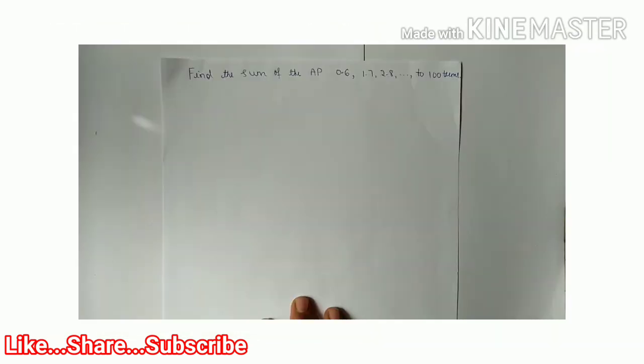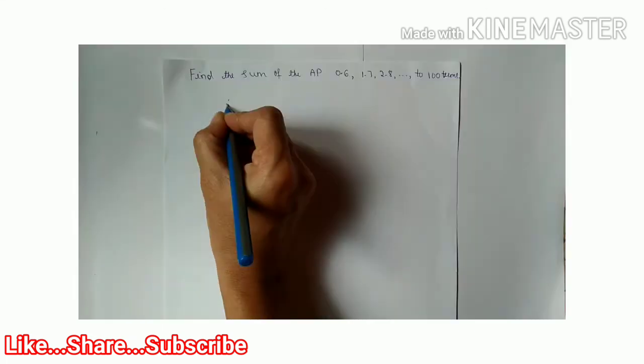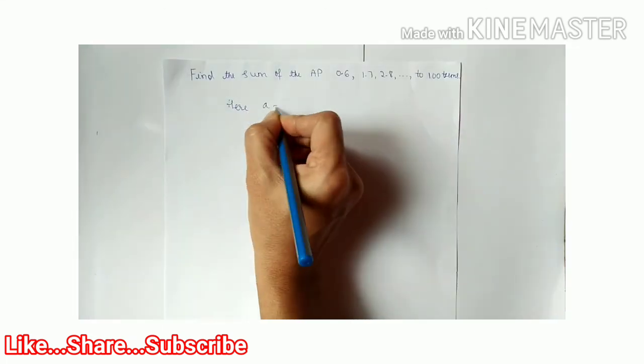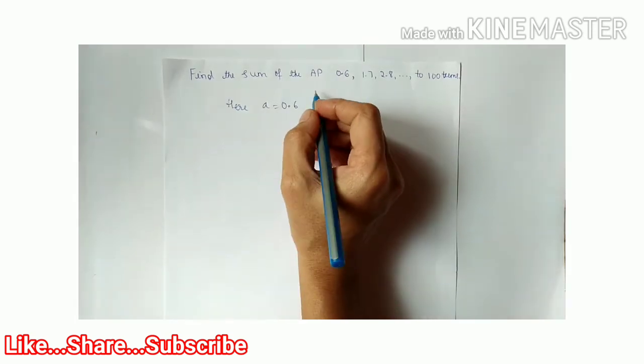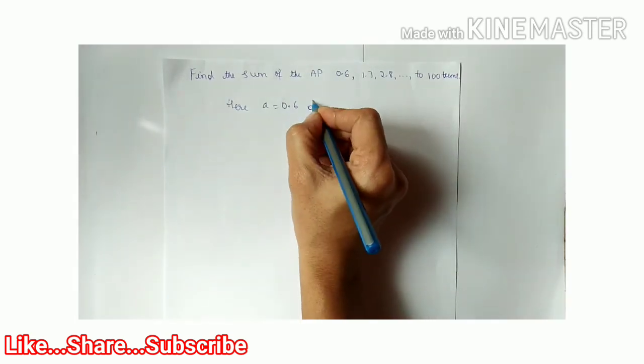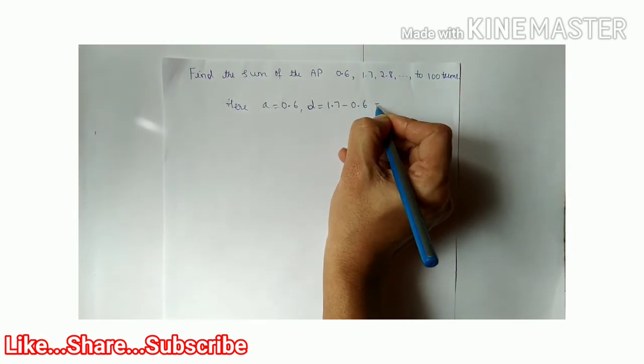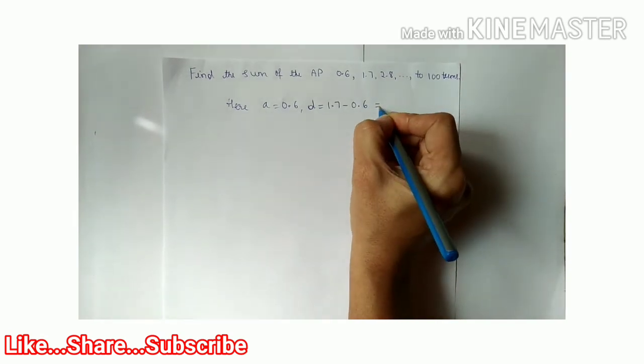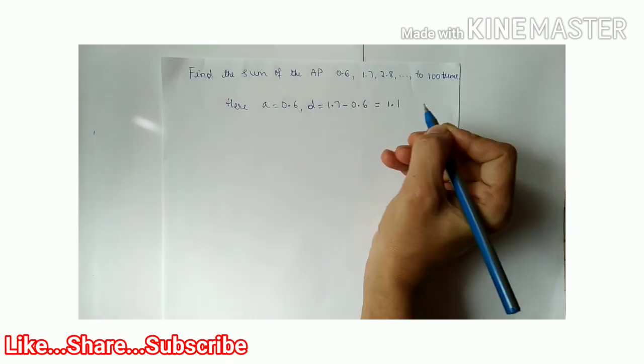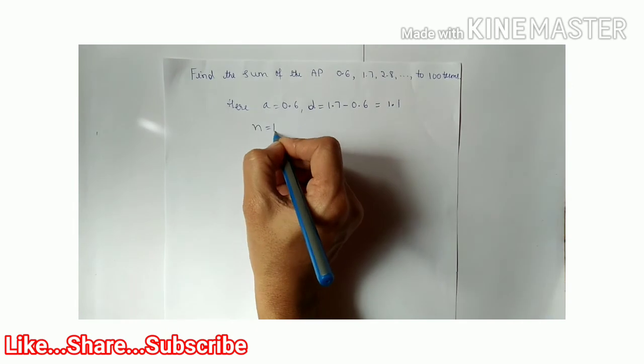Next example, find the sum of the AP 0.6, 1.7, 2.8 up to 100 terms. Here the first term is 0.6, d is the second term minus the first term, 1.7 - 0.6 = 1.1. n is 100.